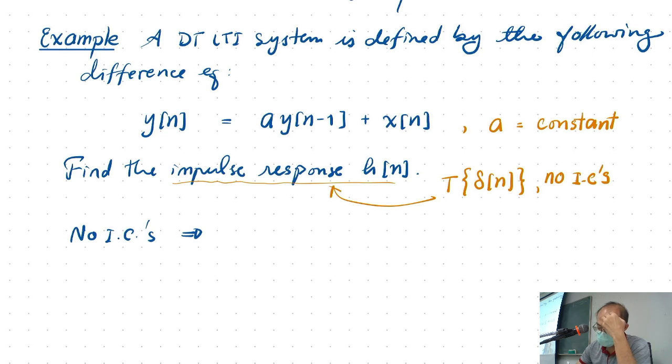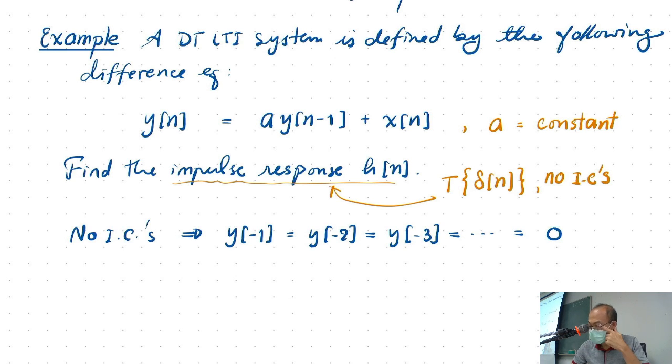Without initial conditions, it means that y at minus 1 is equal to y at minus 2 is equal to y at minus 3, and so on, equal to 0. So this is what no initial conditions really is.